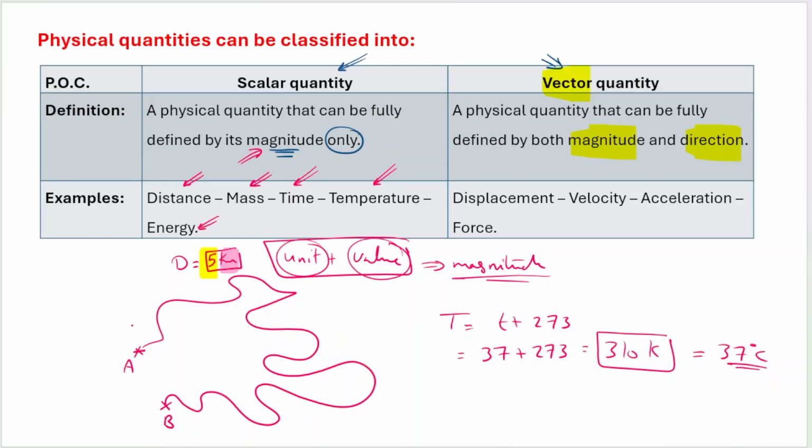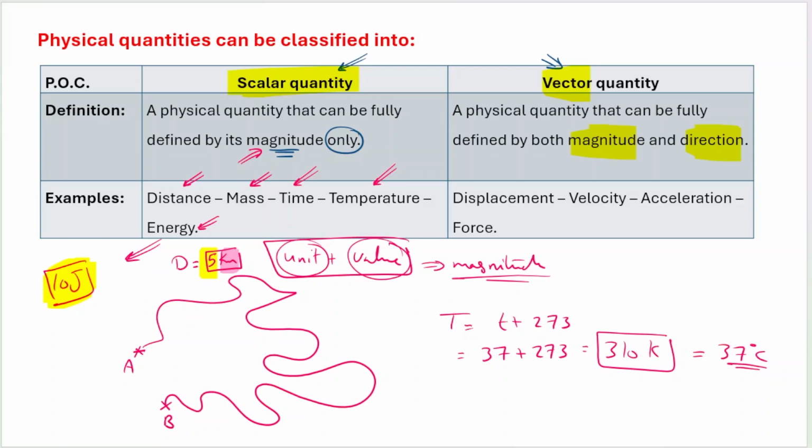Energy, for example, the consumed energy is 10 joule. Done. Direction is not needed. We only need to know the value followed by the unit, which represents the magnitude. No direction is needed. In this case, distance, mass, time, temperature, energy represent scalar physical quantities.